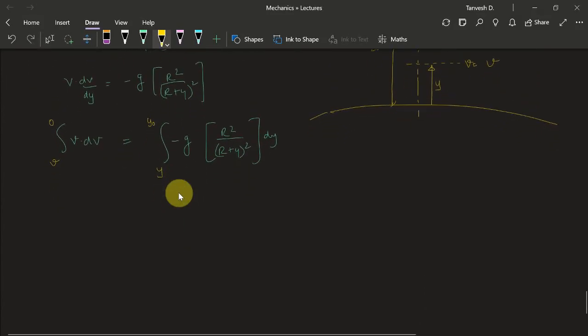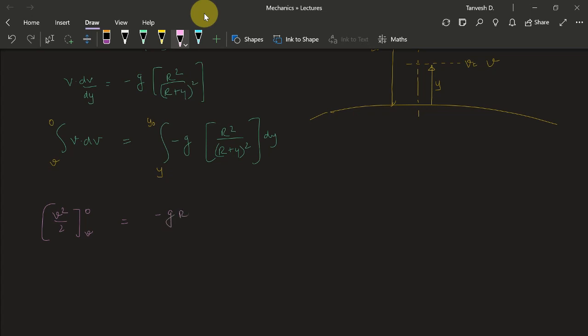Let us check what should be the answer for this. So v square by 2, from v to 0, is equal to minus gr square into the integral of 1 upon r plus y, which is the same as the previous numerical. This negative gets cancelled, and it goes from y to y0.